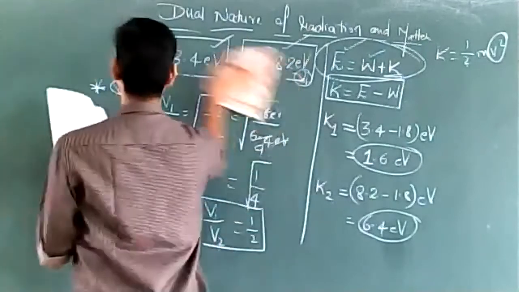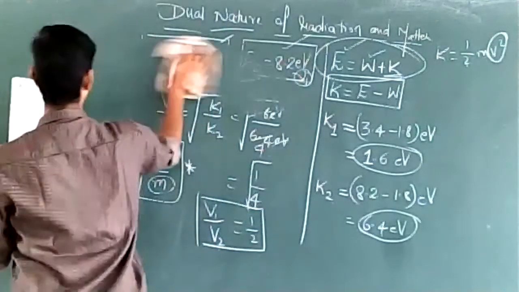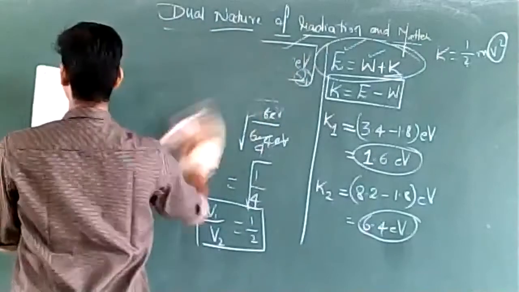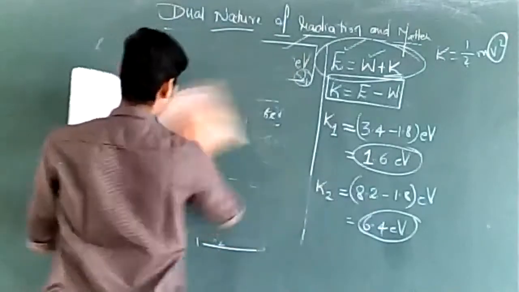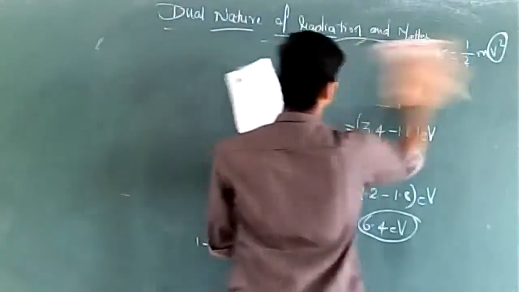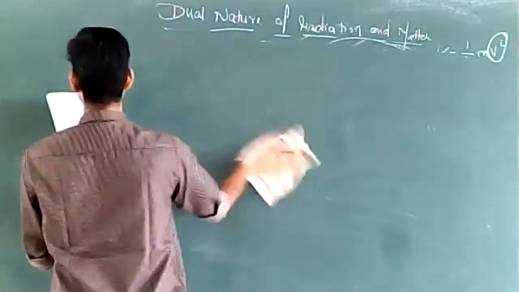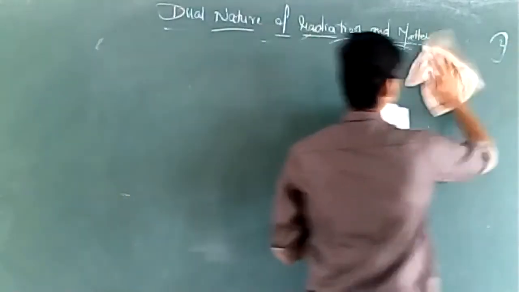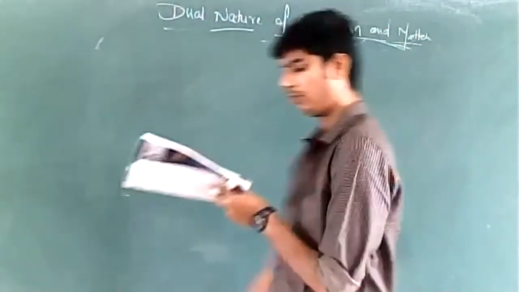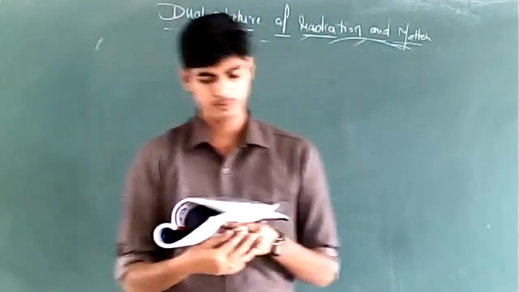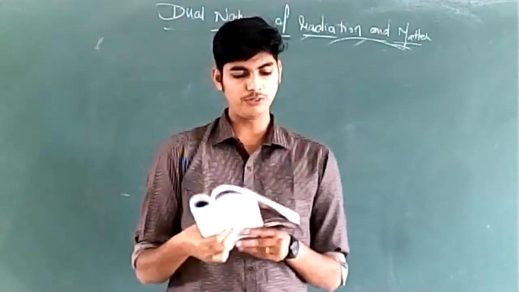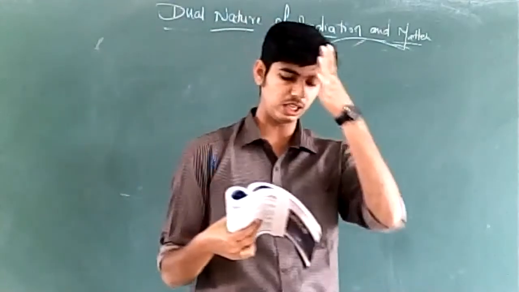Next, problem number 13. Sodium and copper have work functions 2.3 electron volt and 4.5 electron volt respectively. Then the ratio of threshold wavelengths is nearest to.